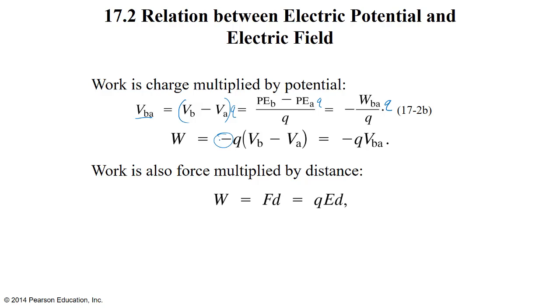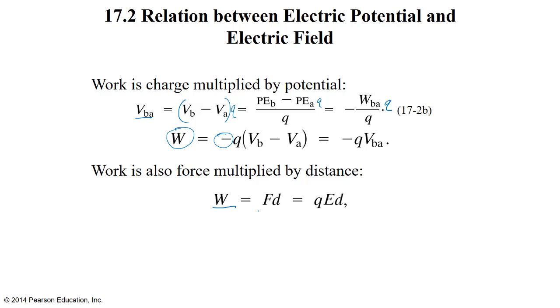Now they have this negative out front because they changed the work from negative work to positive work. So what this says is the work done by the electric field moving a charge from B to A is equal to negative Q VBA. And essentially this says the work done is the opposite of the change in potential energy, which we already knew.